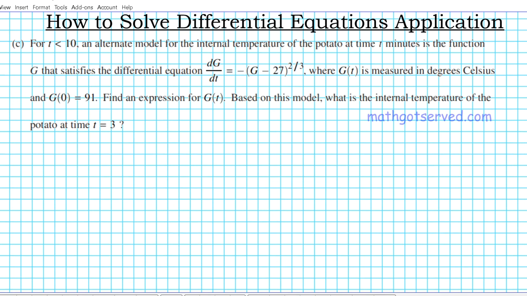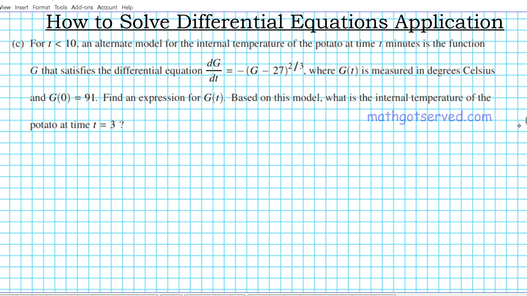In question 4C, we're going to be assessed on how to solve differential equations using the method of separation of variables and using our particular solution to evaluate basically the function at a particular time. Alrighty.